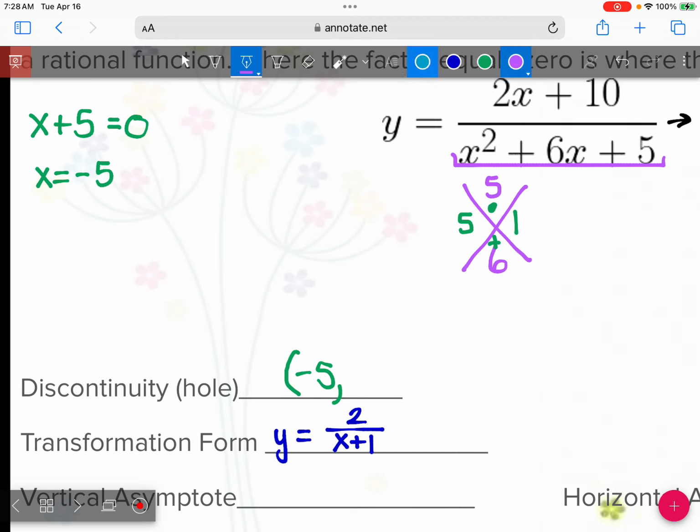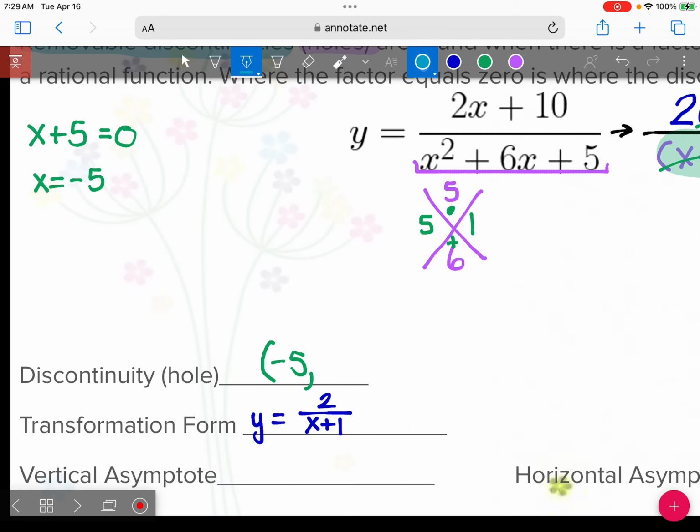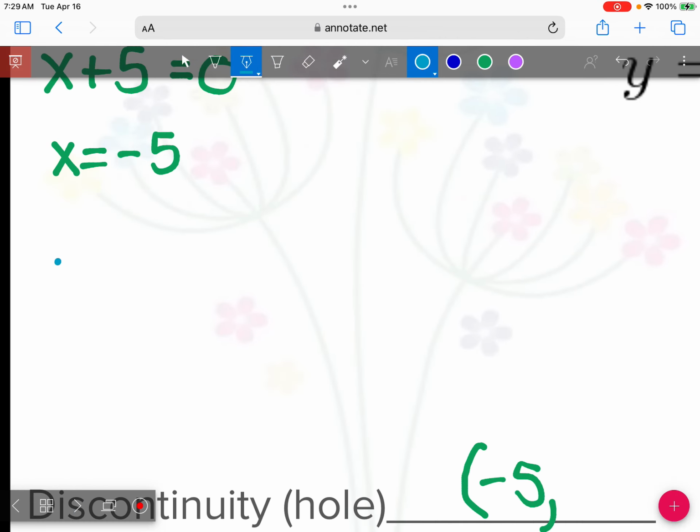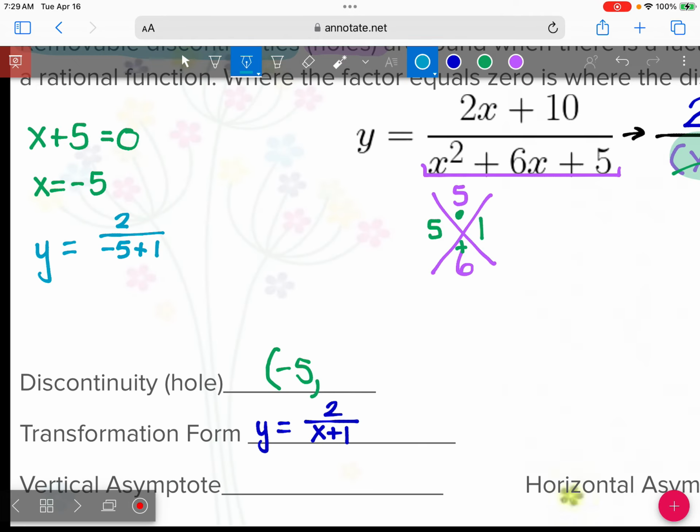To find the y value of my discontinuity, I'm going to take what's left over after we simplified. It is my transformation form in this case, but it doesn't have to be. And we're going to substitute that in. And it might still be a fraction, and that's okay. So I'm going to substitute in y equals 2 over negative 5 plus 1. So we're substituting it into the leftover equation.